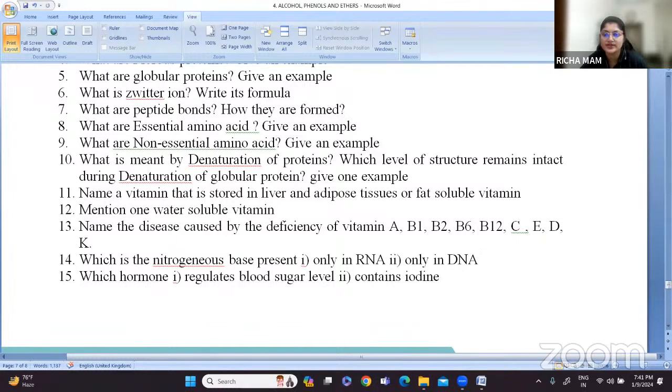It is thyroxine. Remember, it is thyroxine. I'll write it down. Thyroxine.